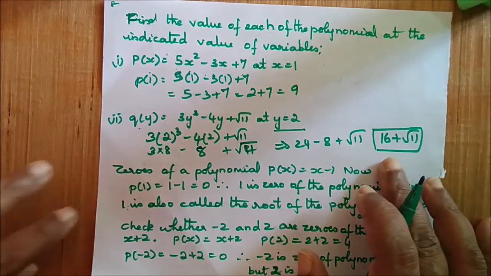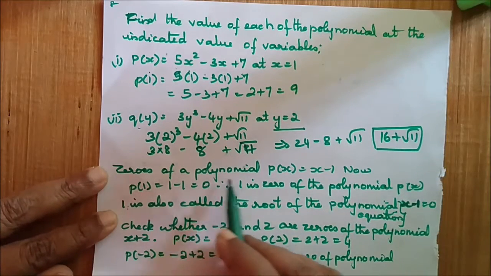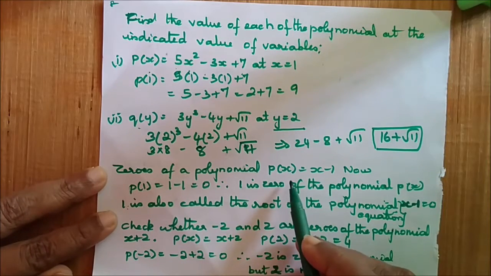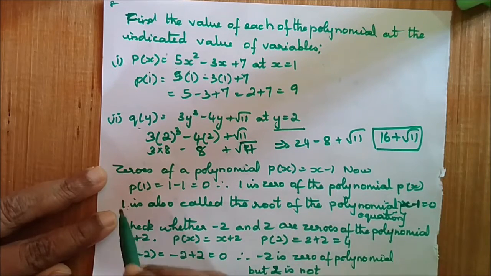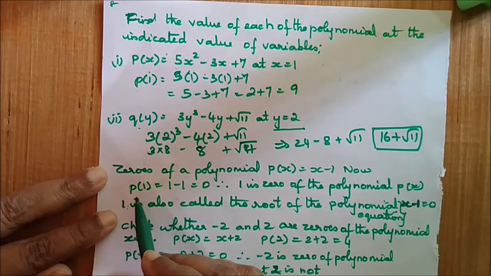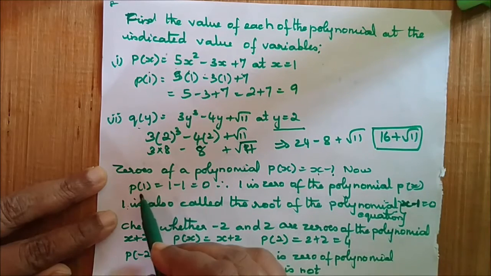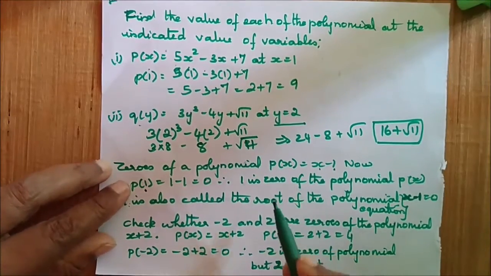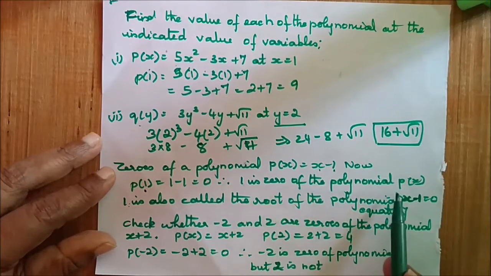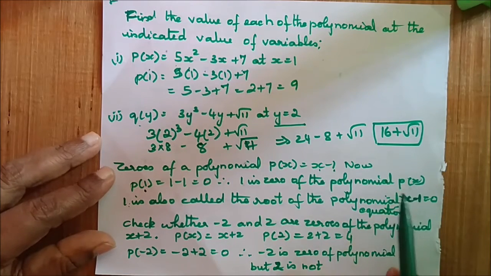This is the answer. Now what do you mean by zeros of a polynomial? Let us take the polynomial p of x equal to x minus 1. Now what is p of 1 in this? This is 1 minus 1, that is when I substitute x as 1. So p of 1 is 1 minus 1 equal to 0. Therefore 1 is the zero of the polynomial p of x.